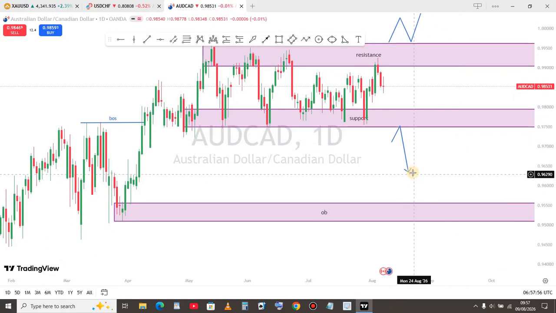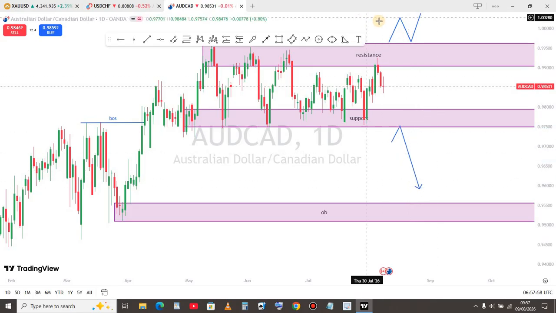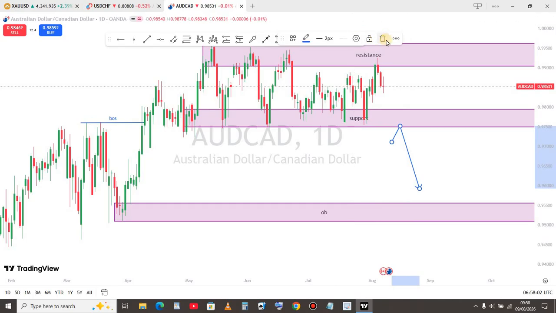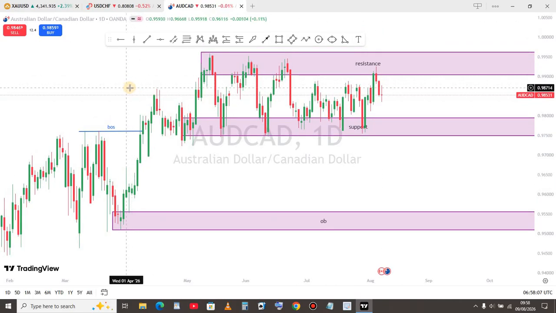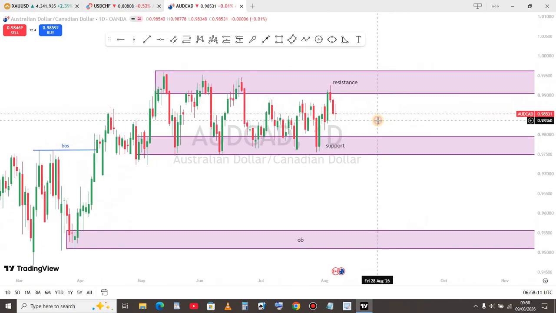So let us continue our analysis to know where the market is going and what the market is showing us. So the current price is at a resistance level. For example, I normally mark daily high and daily low.